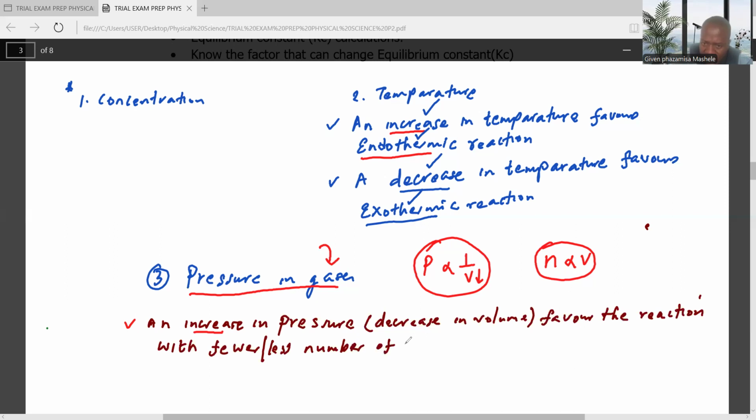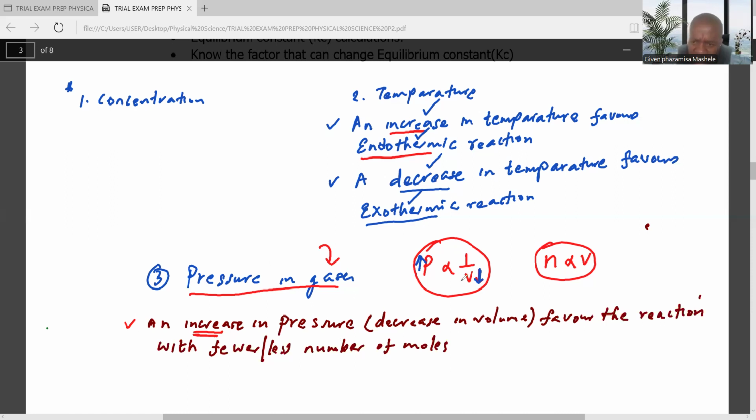Why? Why this? Let me explain it so that you can understand. Remember, when you are increasing pressure, according to Boyle, increasing pressure results in a decrease in volume. But in Boyle's law, the assumption is that the temperature should remain the same. So an increase in pressure results in a decrease in volume.